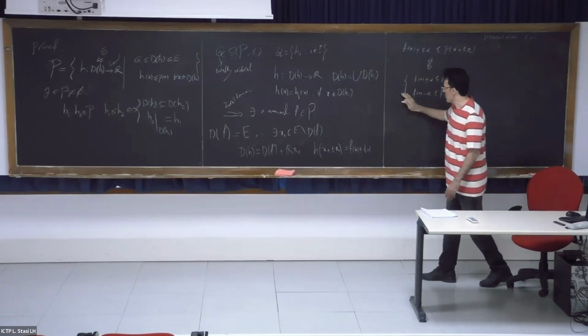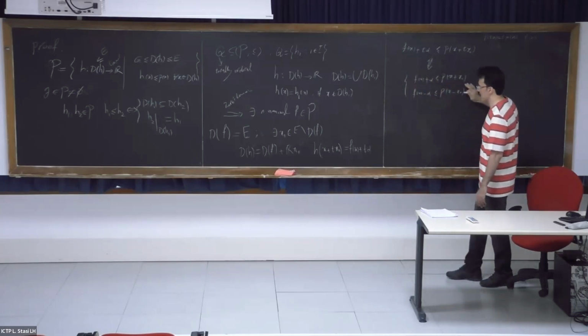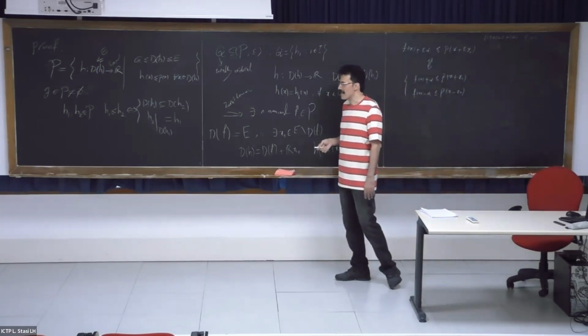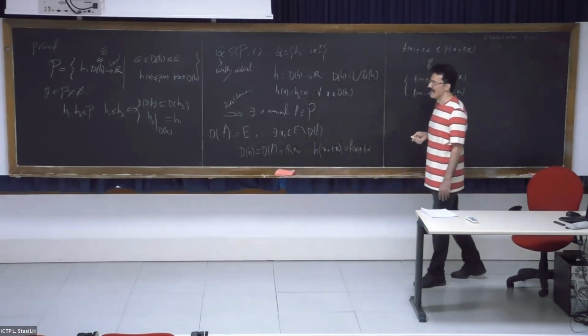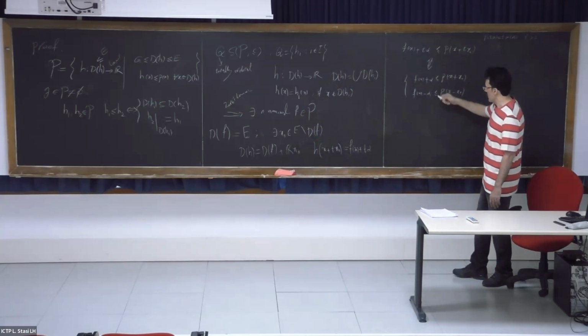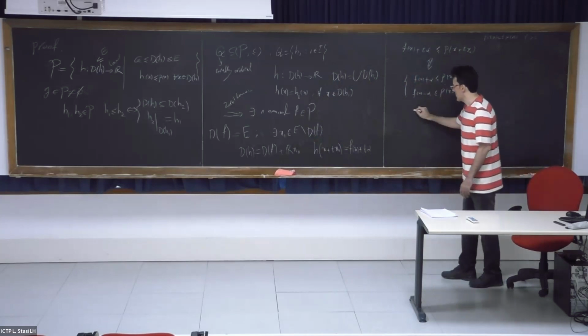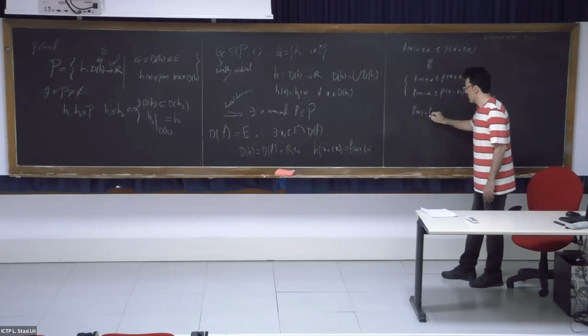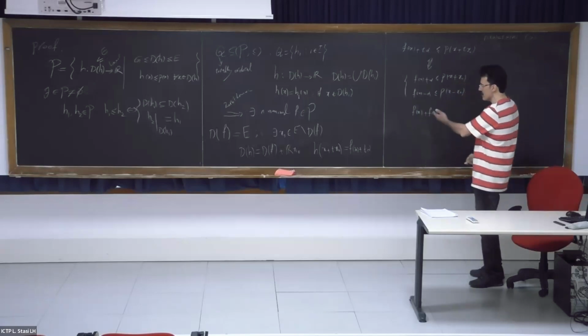If we prove this statement, then it follows that H is an element of P because these two are equivalent. So for proving this one, we use that f is linear.